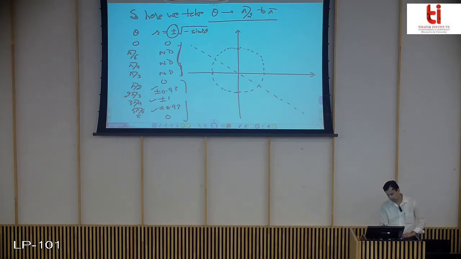Then you have 120 here, then you have 150, like this. So this is 120, 135 and 150, the ray of 150.